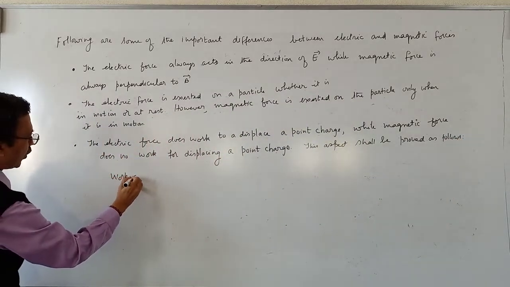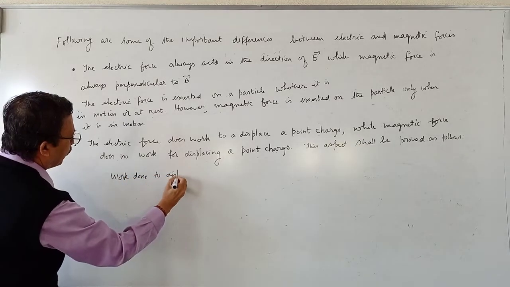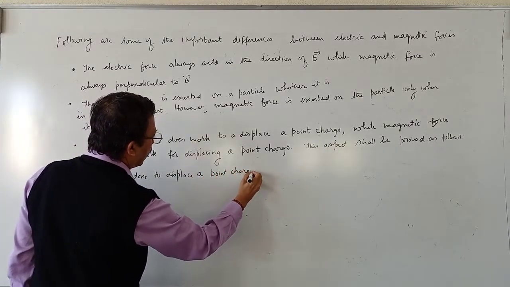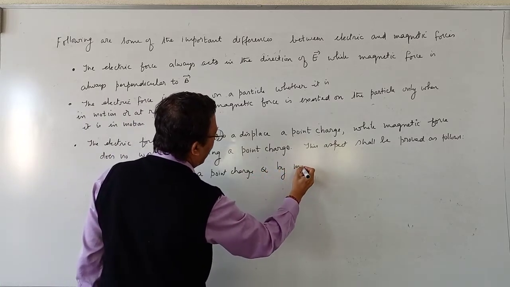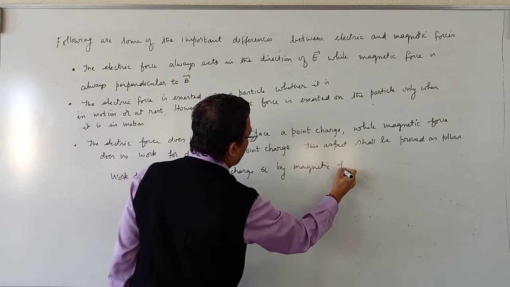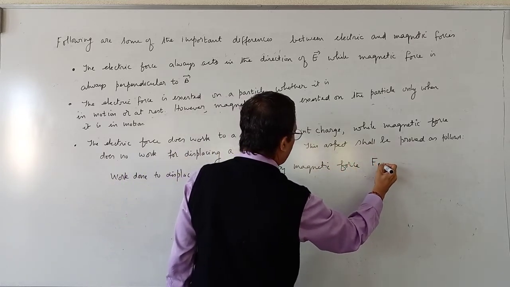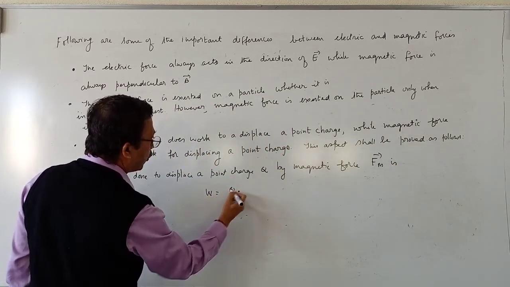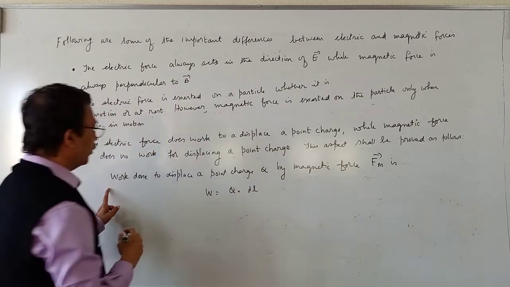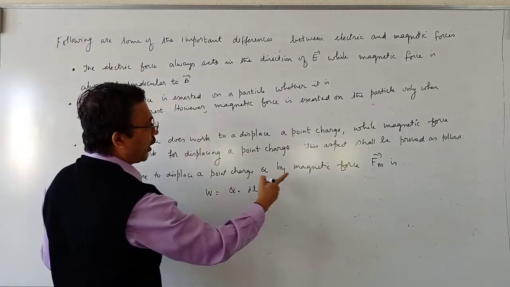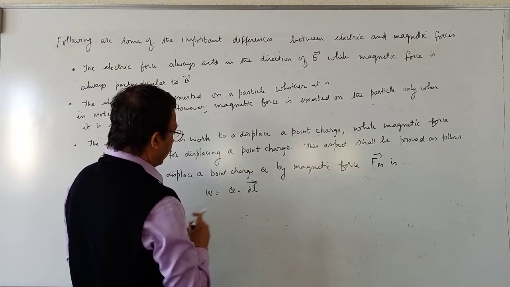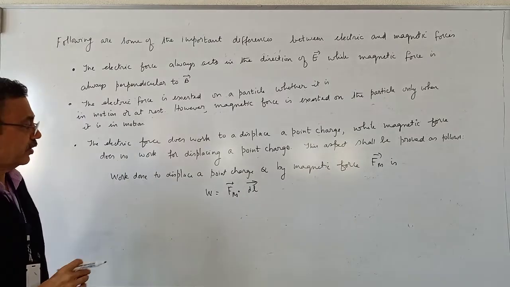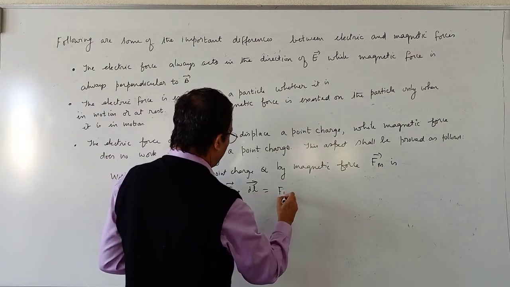Work done to displace a point charge Q by magnetic force Fm is vector W is equal to vector Fm dot dl. dl is the displacement. What is vector dl?